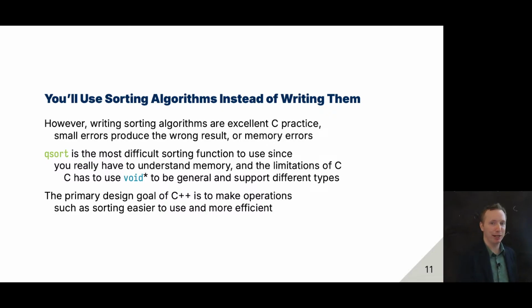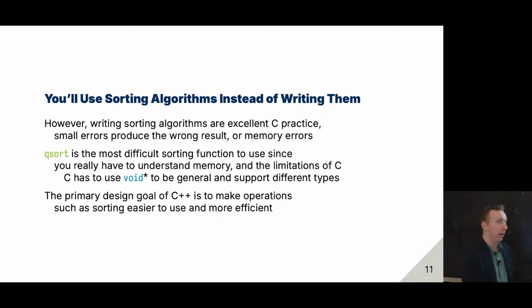It's a fairly difficult function to use, but it's still better than writing quicksort by hand. You really have to understand memory and the limitations of C, because C has to use a void star to be general, which just means it's a pointer to something. C doesn't know what it is, and you have to tell C what it is and cast it, and that's really error prone.